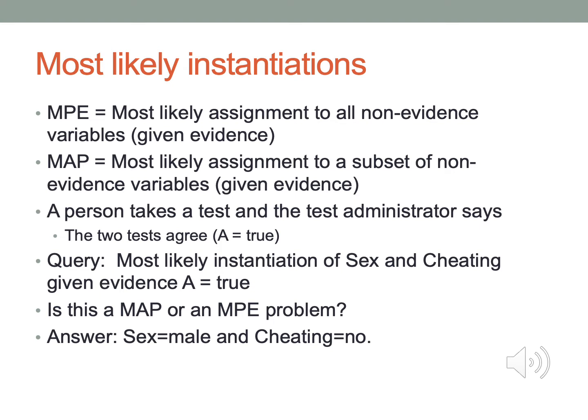If you compute a joint probability distribution over the 2 variables sex and cheating given evidence by performing marginal probability inference over the model, then you'll figure out that the answer in this case is that sex is equal to male and cheating is equal to no. So this is the most likely configuration given that the 2 tests agree.